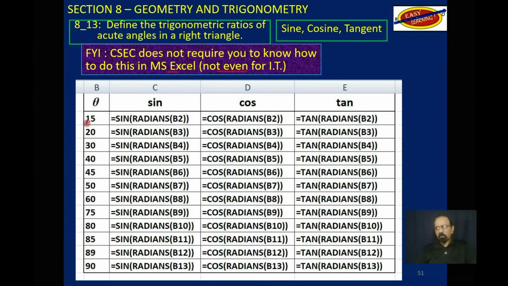To get the sine of 15 degrees, I use equal sine, open, radian, open bracket, the cell there, which is B2, close bracket twice, and that would give me the sine of 15 degrees. The same thing for cosine and the same thing for tangent. Just in case one or two of the better students would like to know how I got those in Excel.